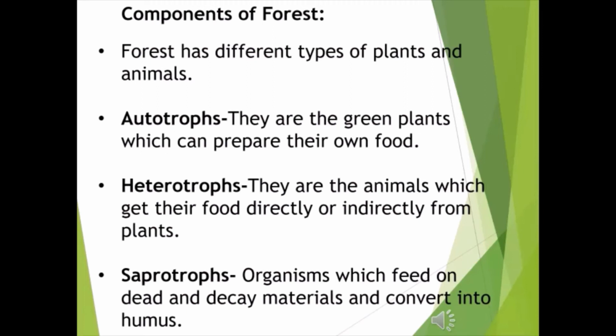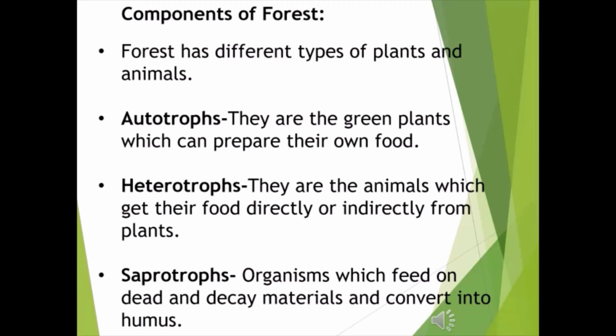So, we came to know that in the forest different types of plants and animals are found. The plants which are usually green in color are capable of making their own food and we call them autotrophs. And the animals which can't make their food directly or indirectly depend on the plants.